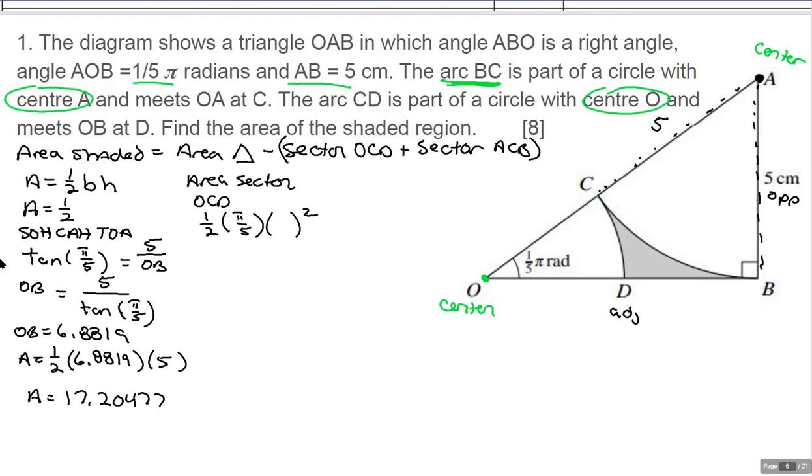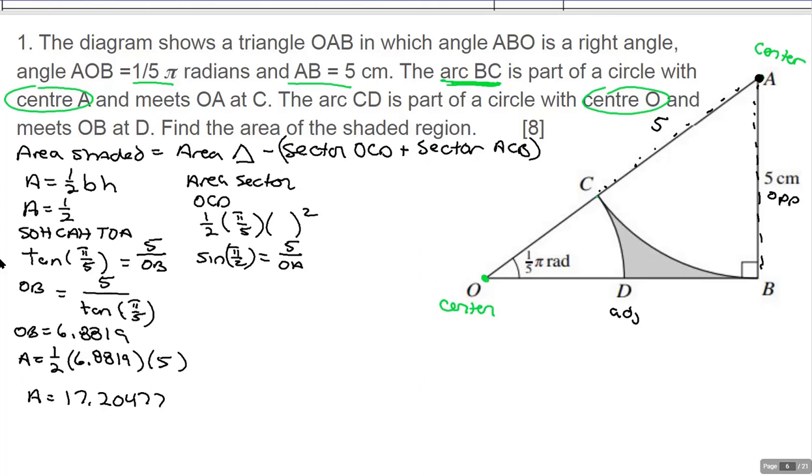All right, so what side is this we want to do? What's AO? AO is a hypotenuse. All right, and I know the opposite, right? So how am I going to figure this out? Sine of what? Sine pi over 2 is going to equal what? Opposite over hypotenuse.